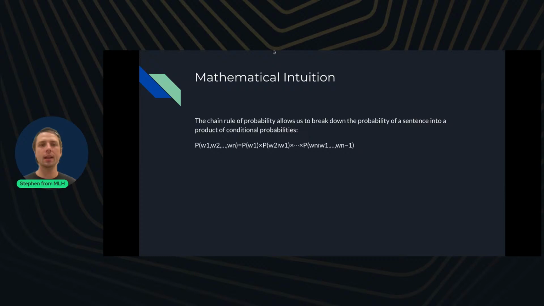But the basic idea behind them is the chain rule. You might have heard of the chain rule, and it's basically saying that the probability of some event happening is the product of all of its conditional probabilities. So if I had a sentence like the cat sat on the mat, how many words is that? The cat sat on the mat. That's 6 words.